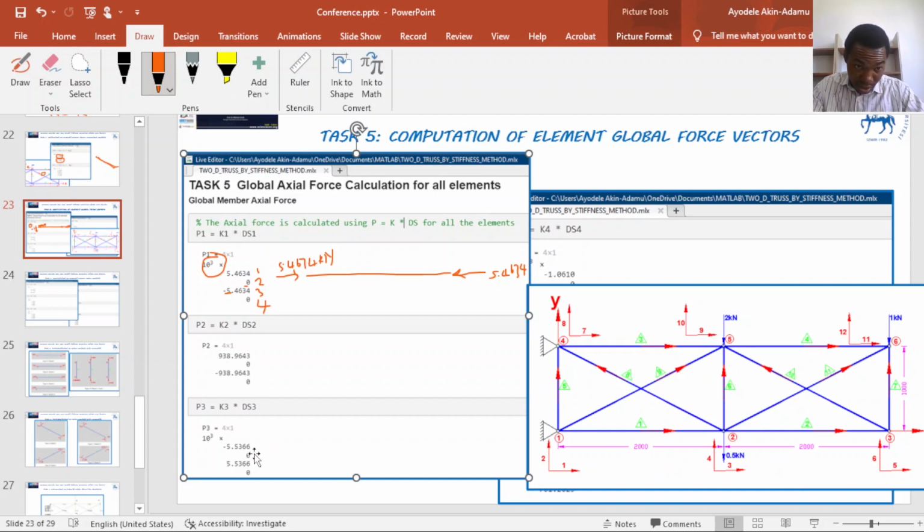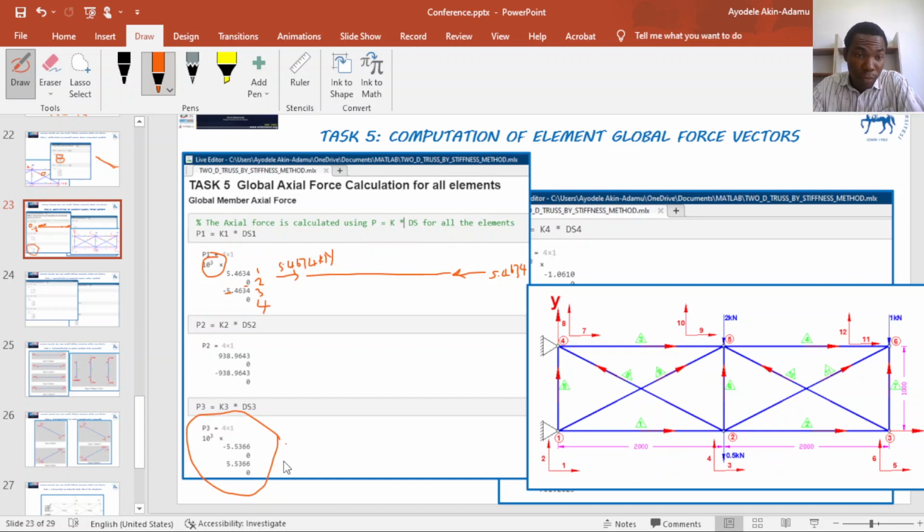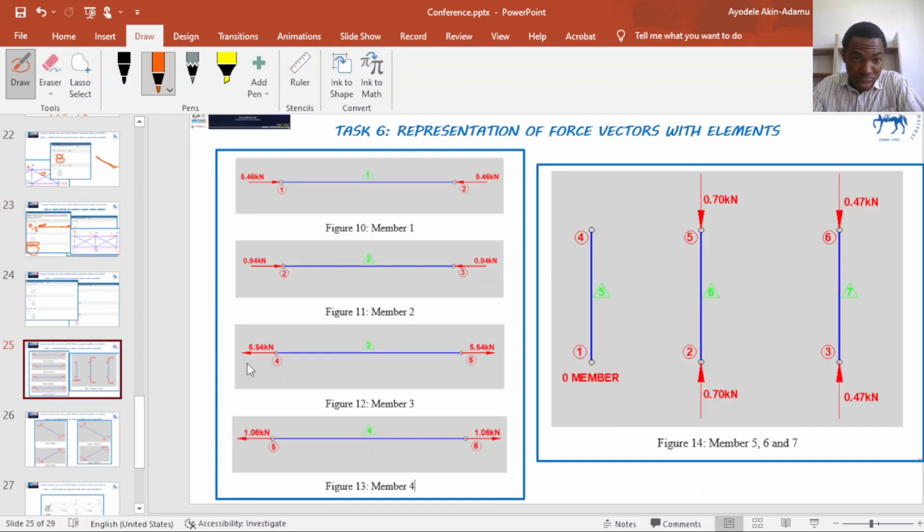For element 3, this is the force computed using this Matlab line of code, and this is what is defined in this manner. This is in tension.